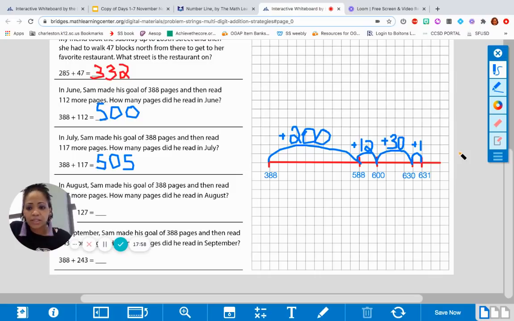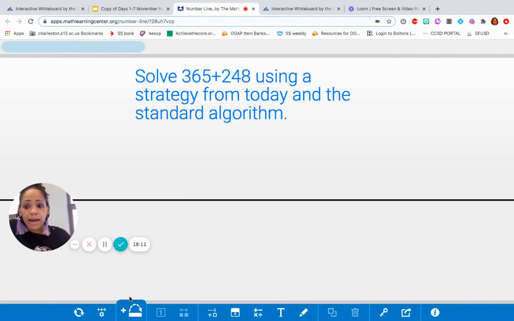So I have a challenge for you guys, just to finish up our lesson for today, and to tell me that you guys have learned or are practicing some of these strategies that we're doing together. So here it is. I want you guys to solve 365 plus 248 using one of the strategies that we use today with chunking numbers or breaking apart numbers to find friendly numbers on this number line.